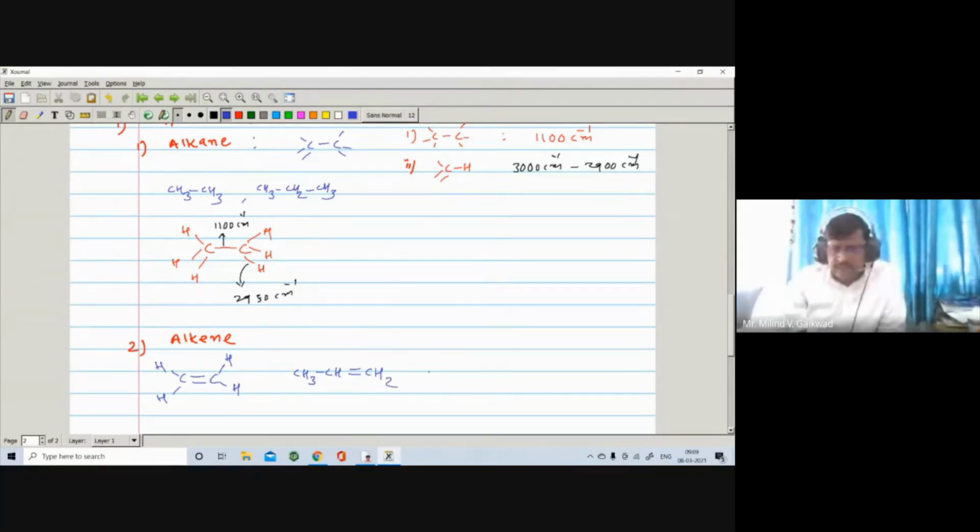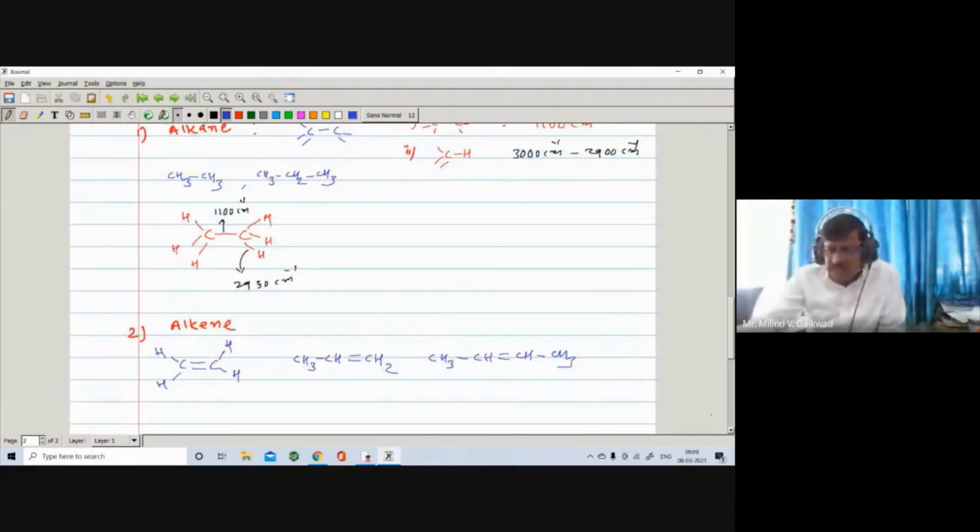Similarly, we can increase the number of carbons on the doubly bonded carbon atom: CH3, then carbon, CH3 double bond CH2. So you can write a number of examples.